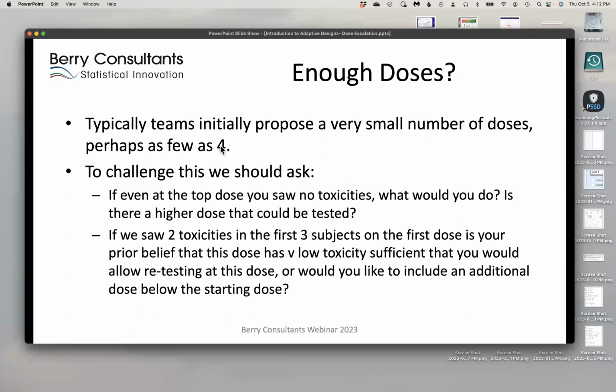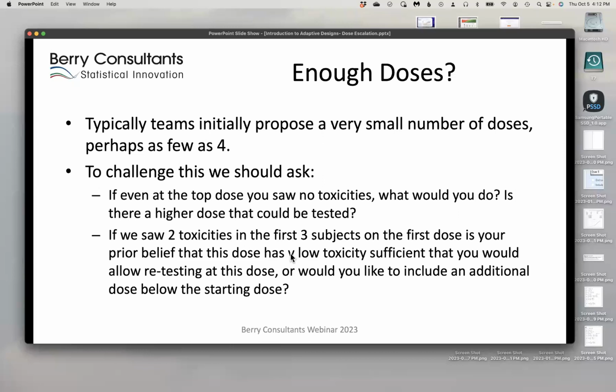And similarly, if at the very first dose we saw, say, 2 or even 3 toxicities, are they sufficiently convinced? Perhaps better ask this in the context of seeing 2 toxicities. Are they sufficiently convinced that this first dose is actually not very toxic, that they would be happy to redose at that level? Or actually, would they want to step down?